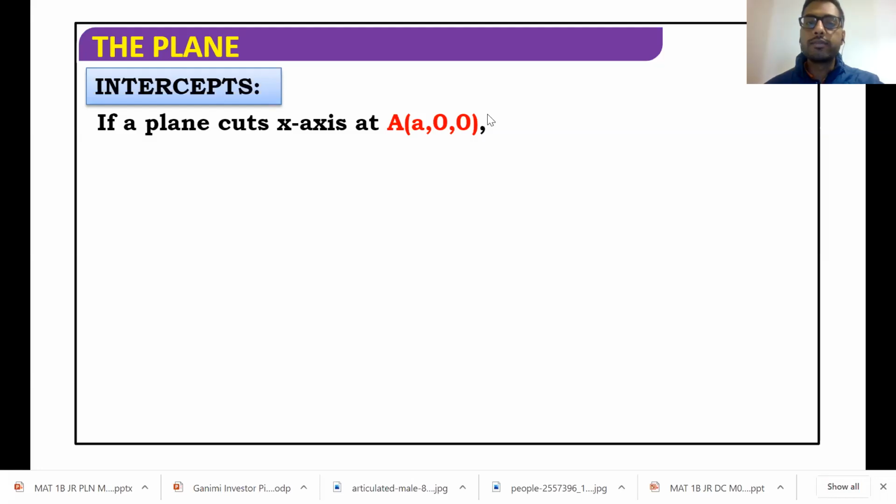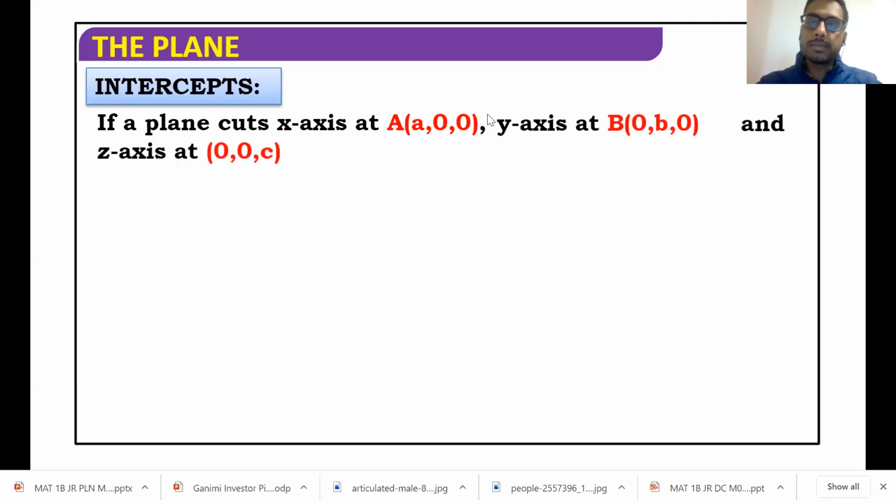Similarly for a plane, instead of just a and b, you'll have 3 intercepts on your x-axis, y-axis, and z-axis. So let your 3 intercepts be a, b, and c. Similar to the line formula, the equation of the plane would be x by a plus y by b plus z by c is equal to 1.